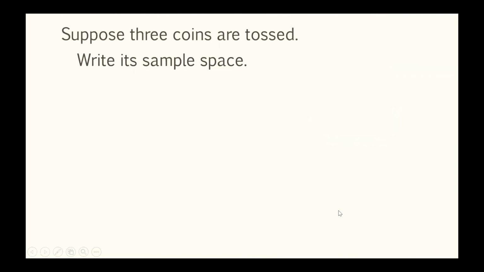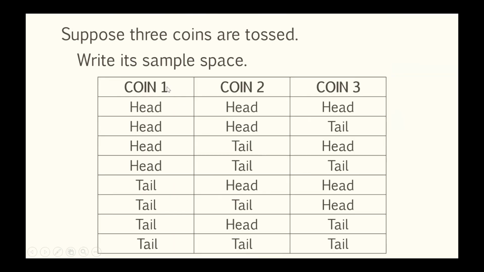Let's have first number 1. Write its sample space when you toss 3 coins. Let's say we have coin 1, coin 2, and coin 3. These are all the possible outcomes. If you toss 3 coins, it can be coin 1 head, coin 2 head, coin 3 head.